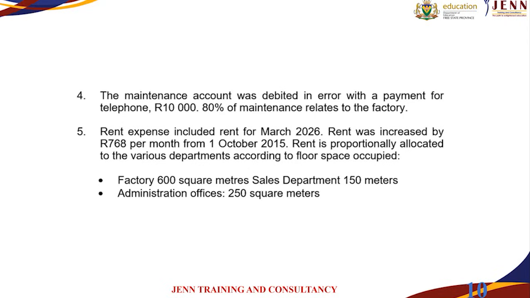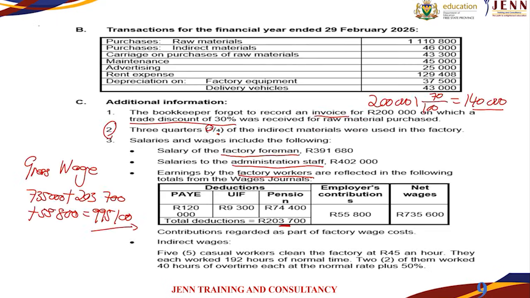Now, before we can calculate this 80%, first of all, we must go and correct this error. Now we go back to our answer book, to the previous slides, just to see how much was our maintenance. Now, maintenance is 45,000. I'm going to do it here because I don't want us to move to the next slide because it's going to take some time.